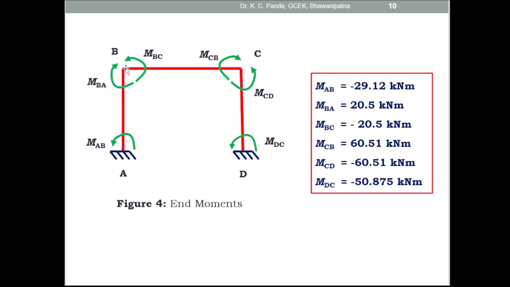And here also at B, MBC minus 20.5 this side, so you draw 20.5, and MCB 60.51 this side. Take here 60.51, then join these 2 points. This is the negative bending moment diagram. Similarly, for MCD this side you take 60.51, and for MDC inner side you take 50.875, and join these 2 points. This side is negative and this side is positive. So the tension inside you have to take positive.